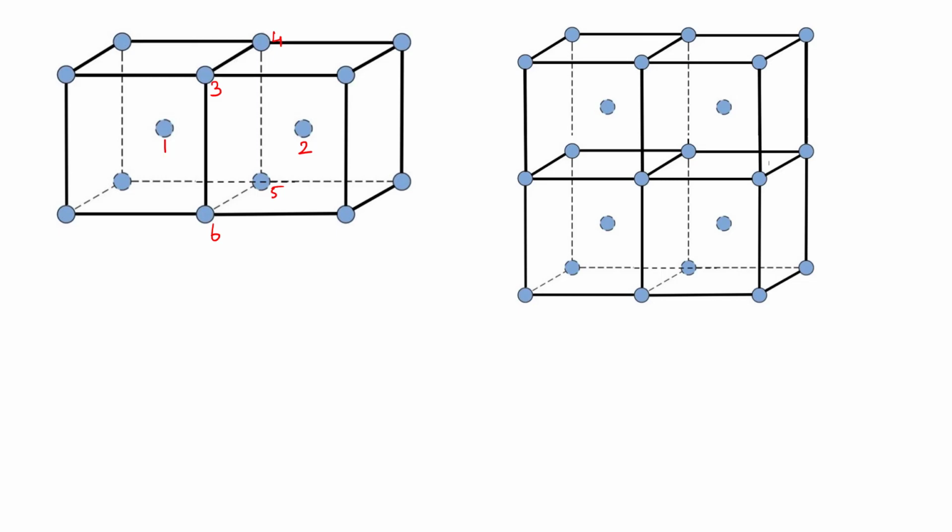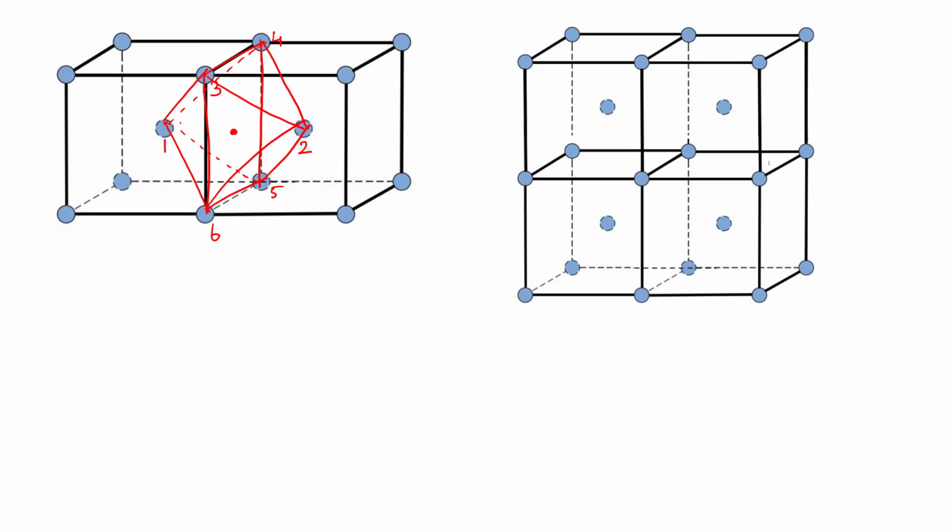So let us try to draw an octahedron. So in this octahedron, the octahedral void is located at the centroid, at the common face center.